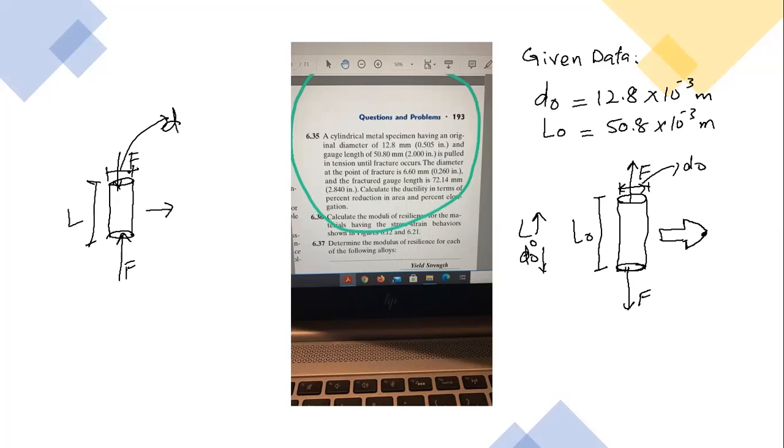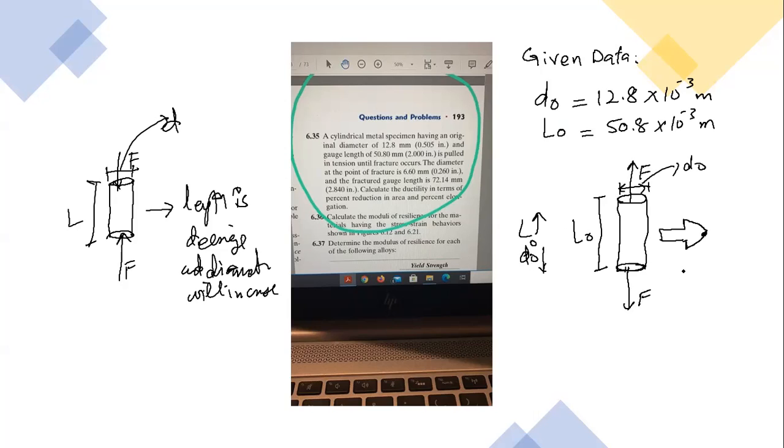Omar? Diameter will increase, and the length will decrease. So the length is decreasing and the diameter will increase, right? Okay. So it says that it is pulled until fracture occurs.